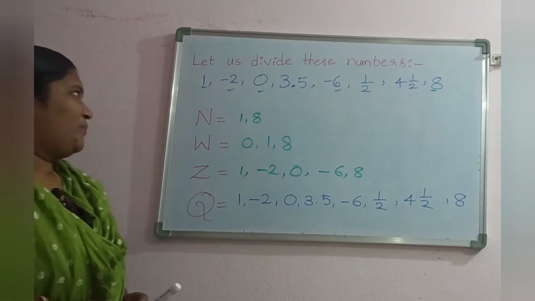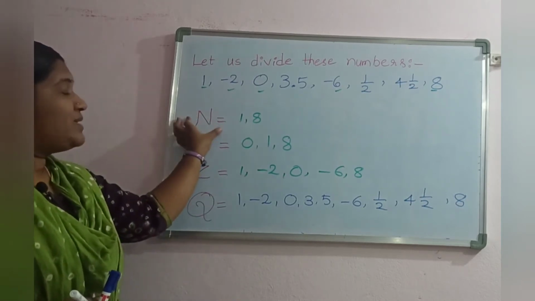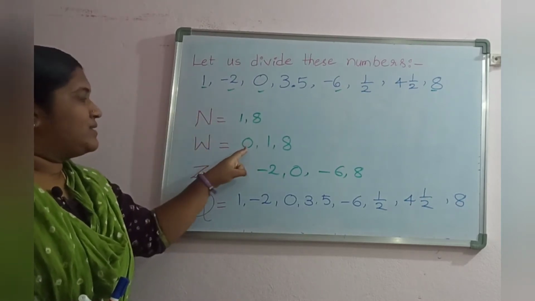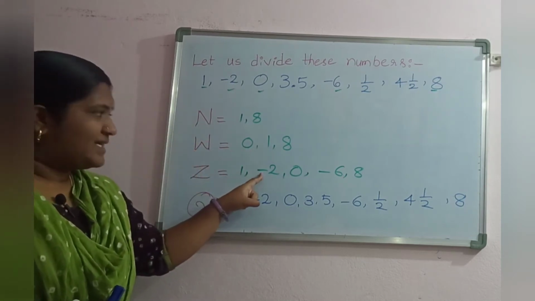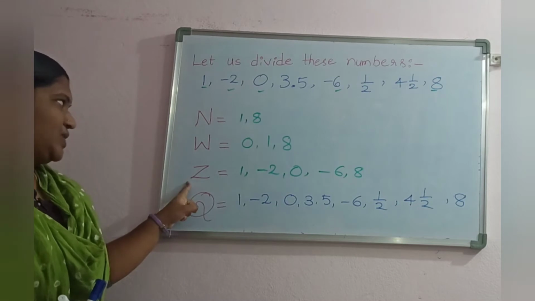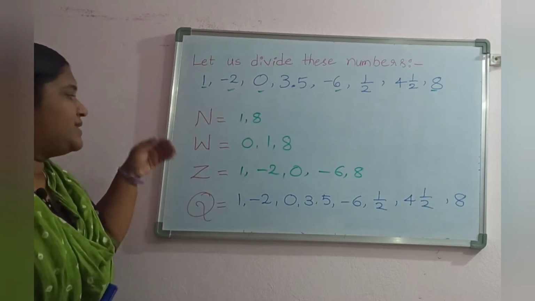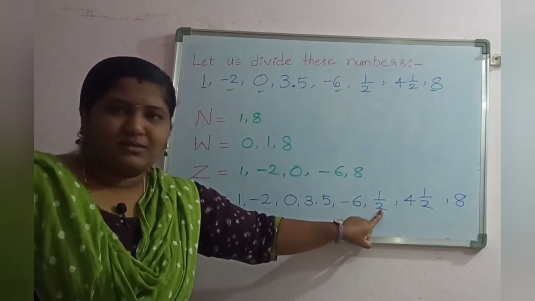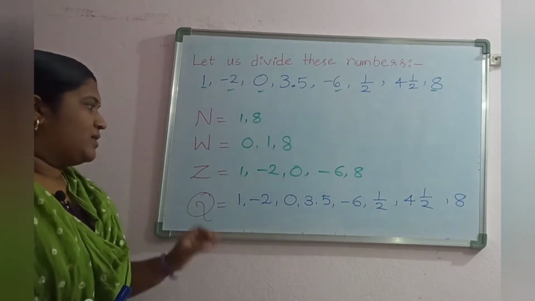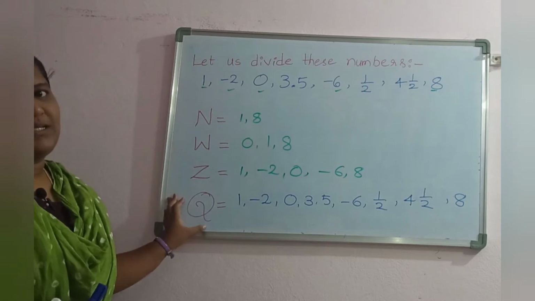Students, observe this. Natural numbers containing a 0 is whole numbers. Whole numbers with minus numbers is integers. Natural numbers, whole numbers and integers, and all with these division numbers are also called rational numbers.